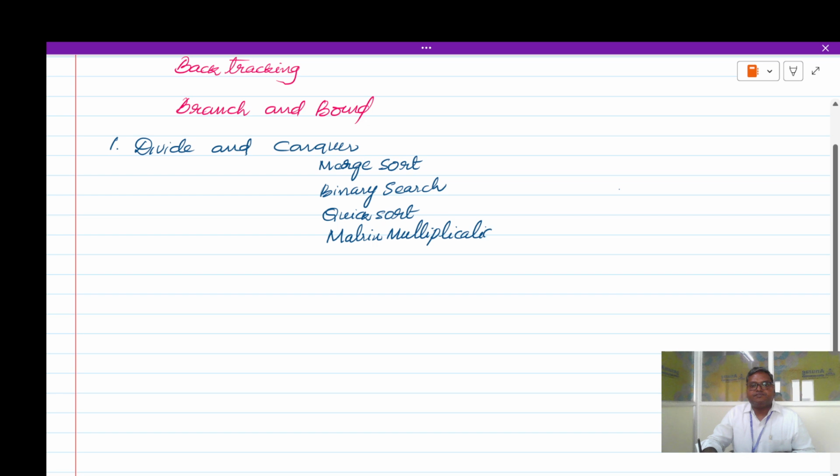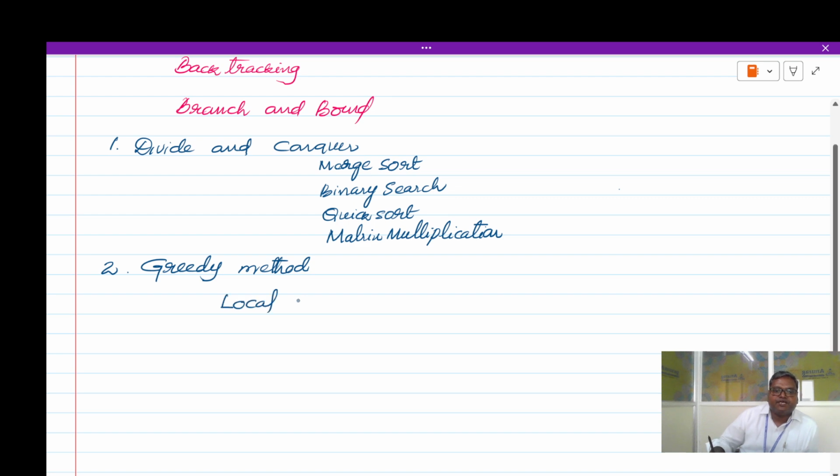The second strategy that we have seen is the greedy method. In the greedy method, at each step, we were taking a local decision and going for the local optimal selection, hoping for a global optimal solution.